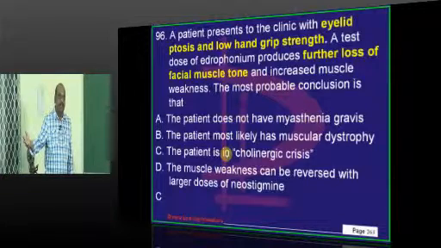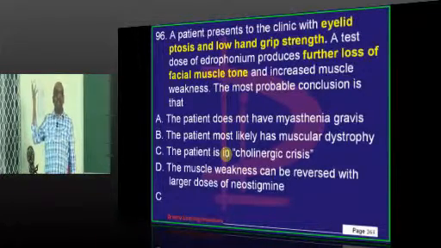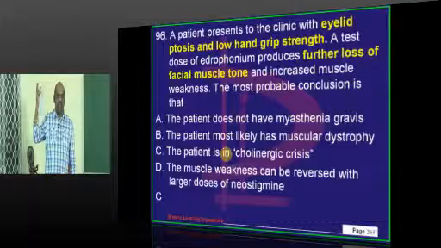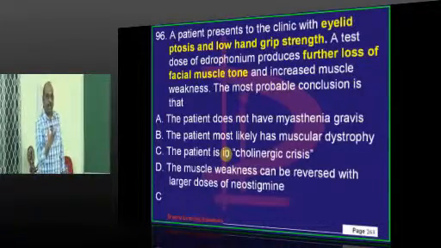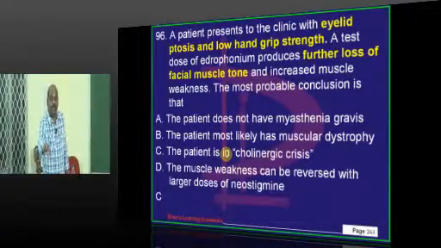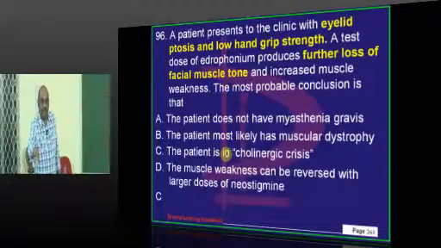Second possibility, if you have given an excess amount of cholinesterase inhibitor, too much acetylcholine got accumulated and it will lead to depolarization block, just like succinylcholine.